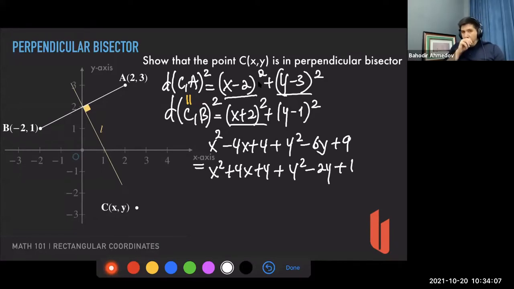Okay, great. Since they are equal, I can cancel some of the terms, right?